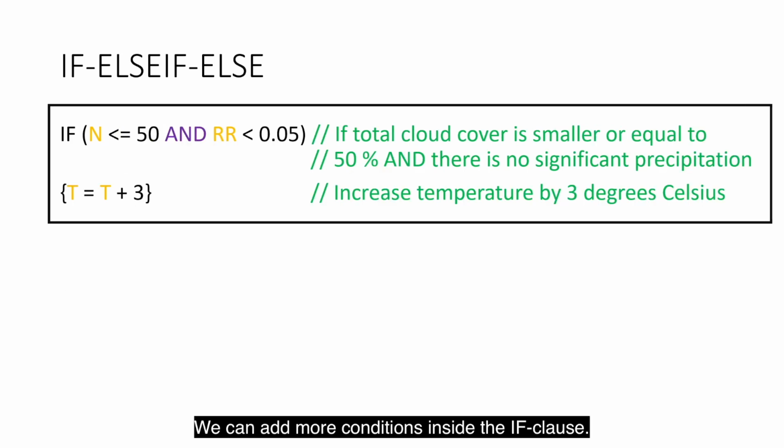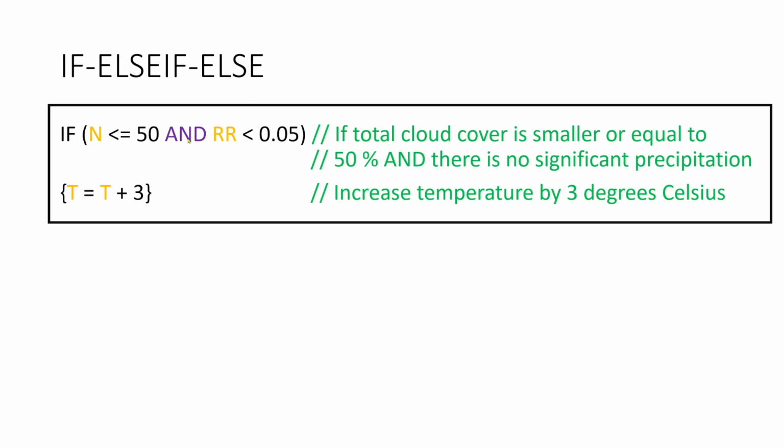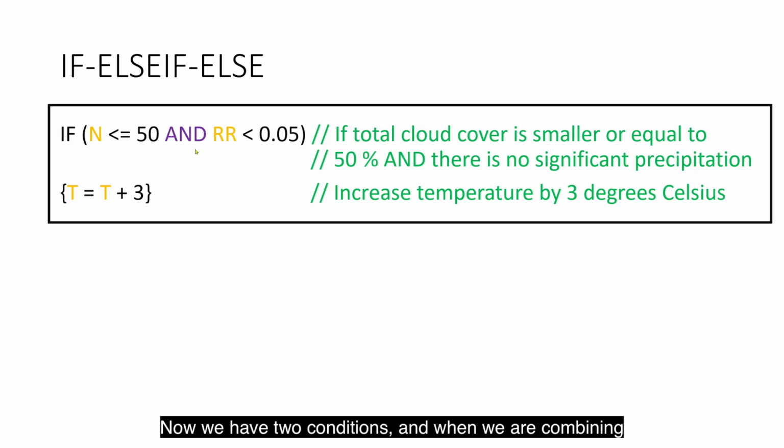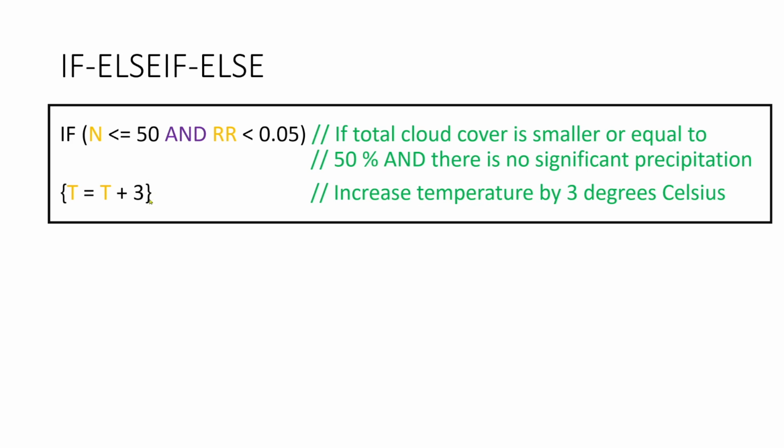We can add more conditions inside the if clause, and we can do that by using the word and. Now we have 2 conditions, and when we are combining these conditions with the word and, it means that both of the conditions need to be true in order for what is inside the braces to happen.